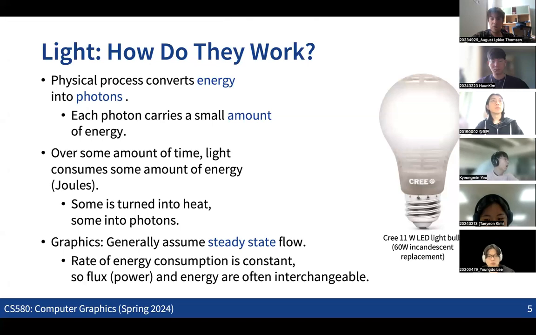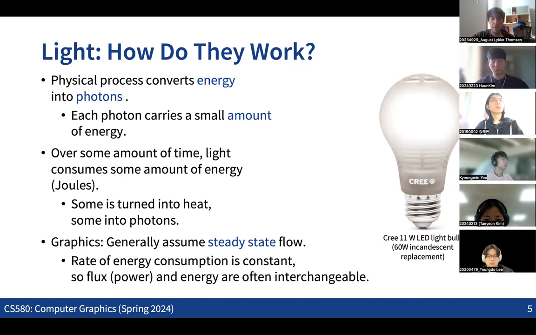Can you see this slide now? Is this a different slide from what you have seen before? Oh, let's see. Oh, yeah, thank you for letting me know.